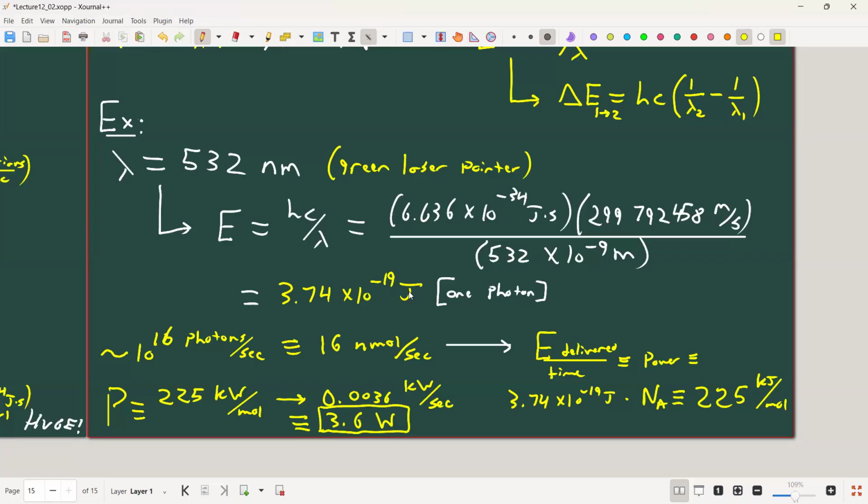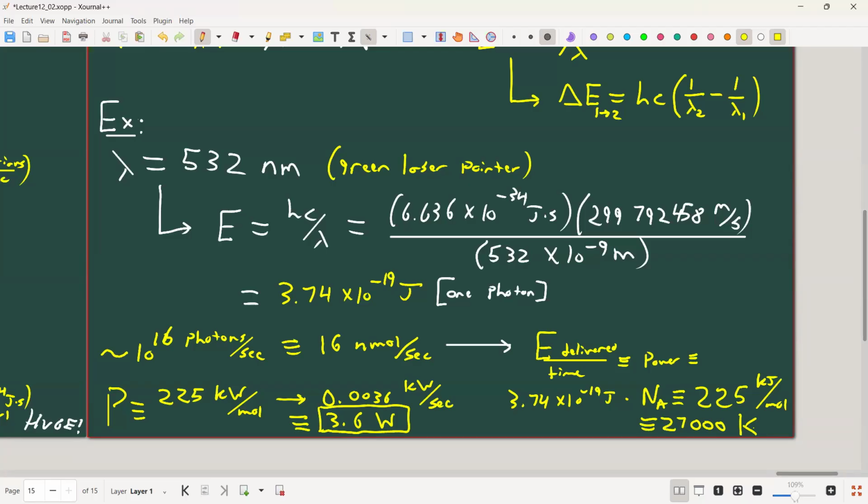We can convert that 225 kilojoules per mole into a temperature using the gas constant, R. And this is an equivalent temperature of 27,000 Kelvin, hotter than the surface of the sun.